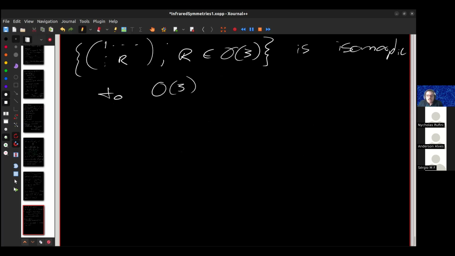When I say that they are isomorphic, what I mean is that there exists an isomorphism phi that takes this guy here to this guy here. I'm saying that it is a homomorphism. More than that, it is invertible. So it is an isomorphism.